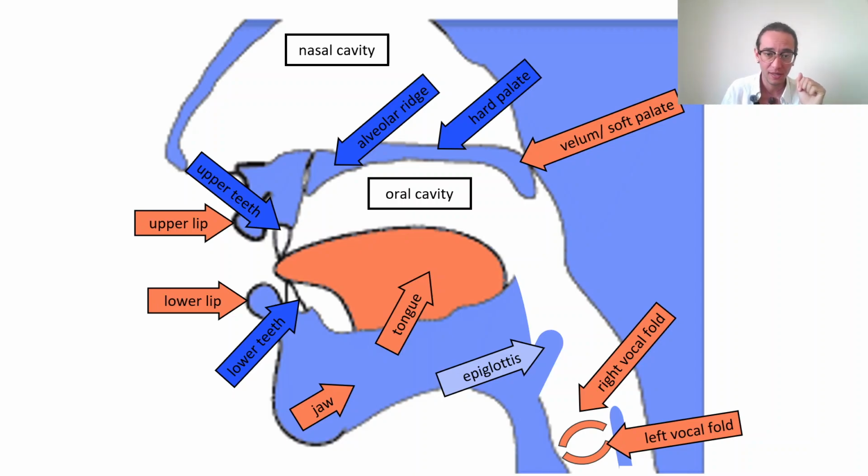That's very important. And then we have the jaw. Like I said last time for consonants, but even more so for vowels, it's very important to use your jaw. Open your jaw up. Otherwise, your tongue is not going to be able to move around enough in the back of the mouth to create those different sounds.